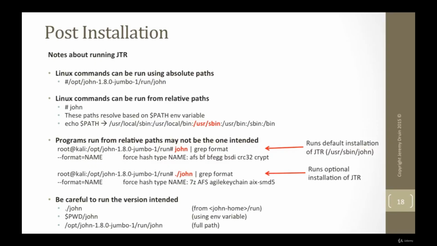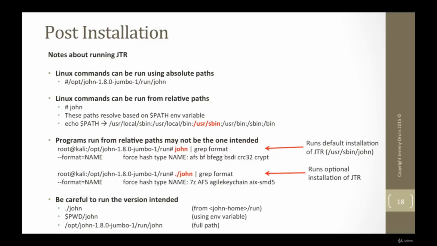And one note about when you run it, because we didn't overwrite the default version that's installed, we actually have both versions installed, and we can flip back and forth and use either one that we want. So if you're at a command prompt and you just type in john, chances are you're actually going to be running the pre-installed version that came with Kali, because the path is going to resolve based on the PATH environment variable and /usr/sbin, where this john binary is going to be included in the path.